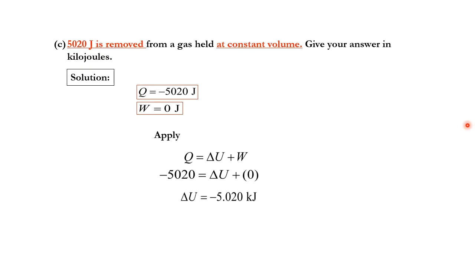We substitute for Q, work is 0, then we get delta U, or change in internal energy, equals negative 5.020 kilojoules. Okay, that's all.